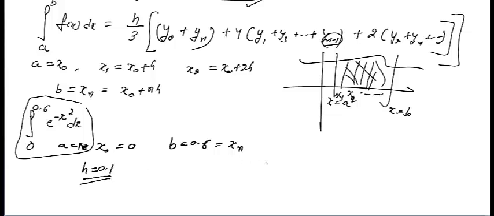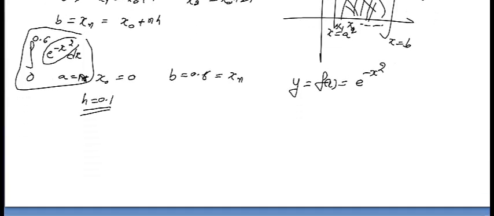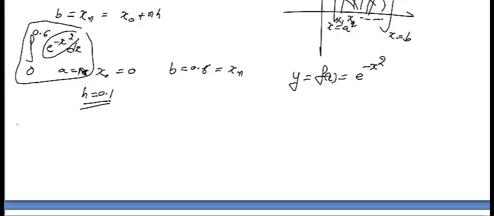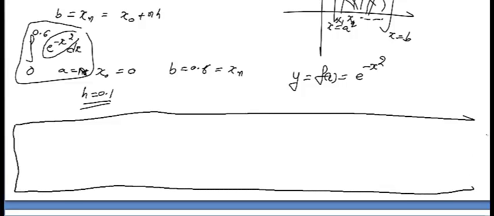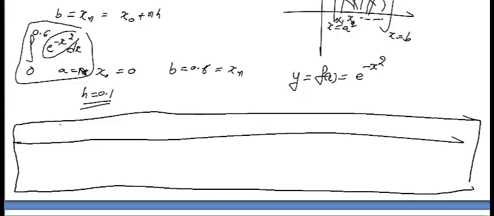So what will be the y? y is your f(x), and f(x) here is e raised to power minus x square. So this is the value of y. You will find the value of y for each and every value of x. So let's start with the values of x.